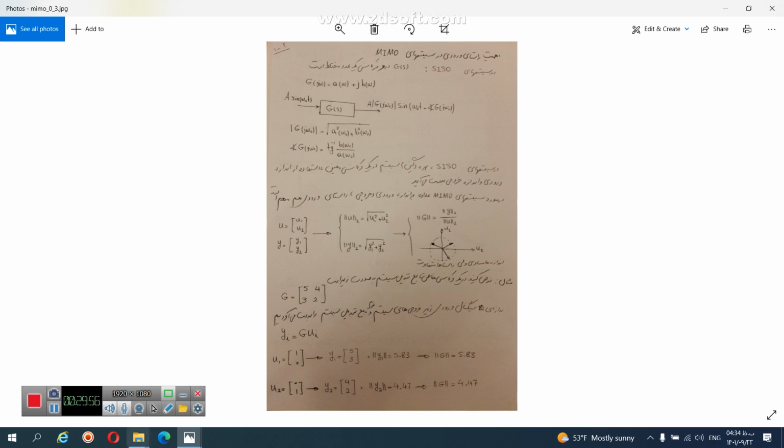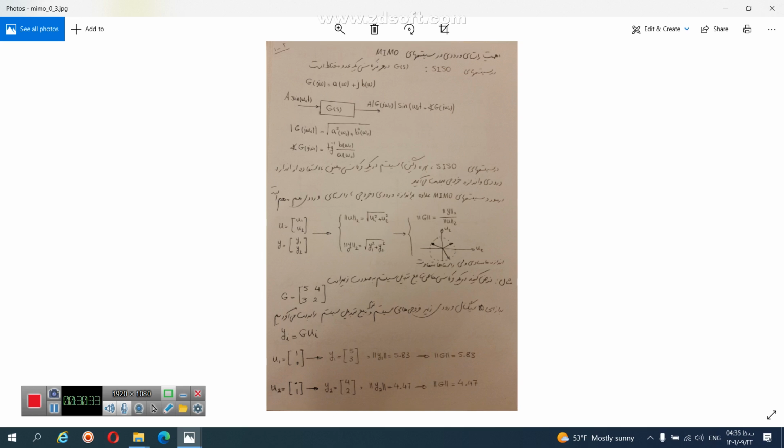Why? Consider U1. The norm of U1 is equal to 1. What's a norm? The norm of U is equal to the square root of u1 to the power of 2 plus u2 to the power of 2.